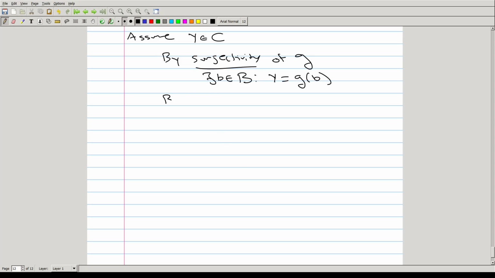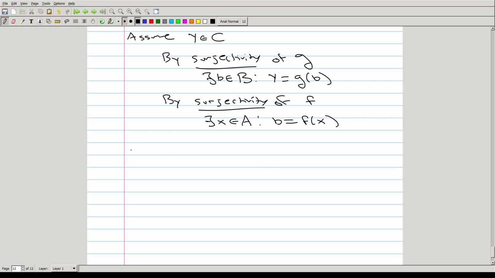And furthermore, by surjectivity of the function f, there exists some x in A such that b is equal to f of x.